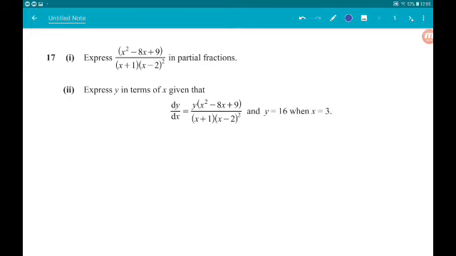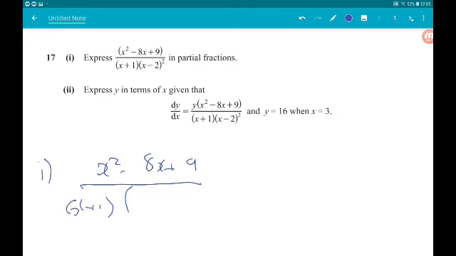Okay, so we've got a quadratic on the top, and we've got x plus 1 times a repeated bracket, x minus 2 squared.